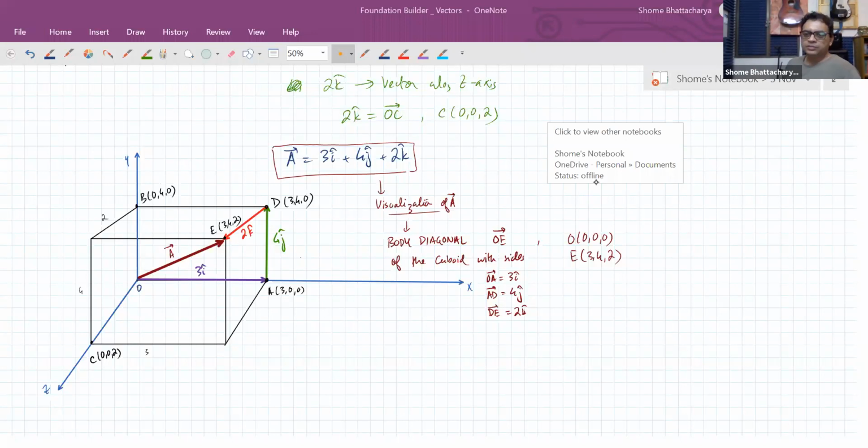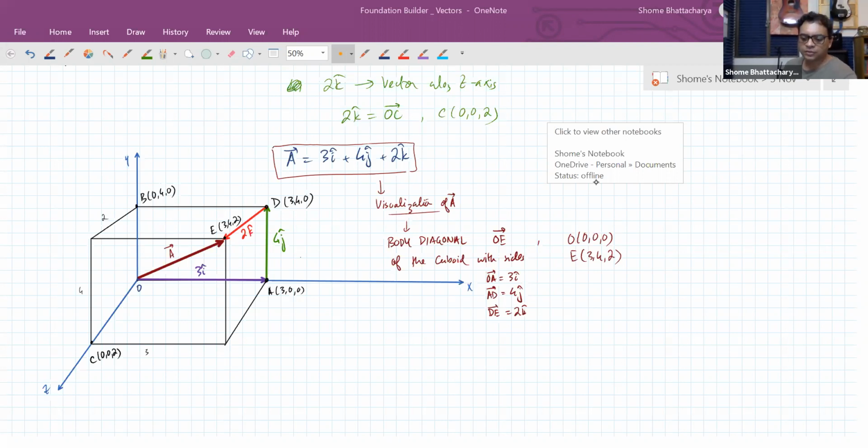So whether we are talking about something very simple like an object rolling down an inclined plane, or a pulley system, or a block and tackle system, or something more complex like the motion of a rocket or a satellite, or even the motion of electrons inside an atom, we are dealing with three-dimensional systems only.